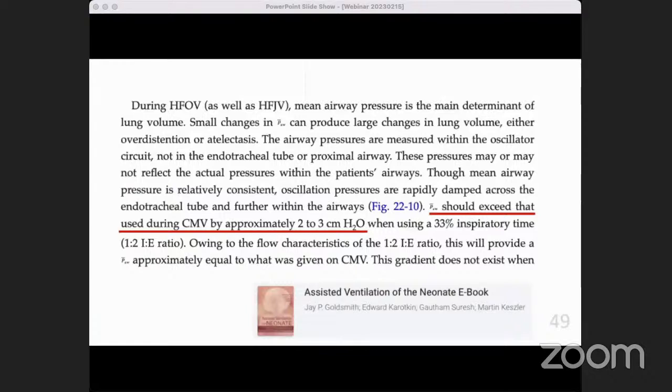Other papers on HFOs also make similar statements. A slightly higher airway pressure than during CMV is associated with adequate lung recruitment. Next, we will discuss MAP in terms of carbon dioxide concentration, not oxygenation.